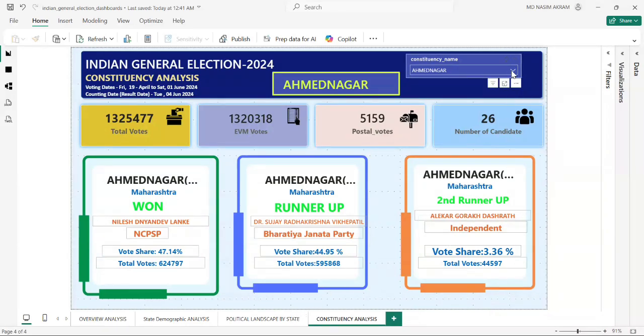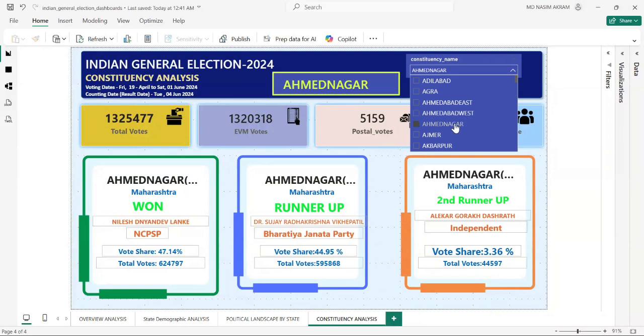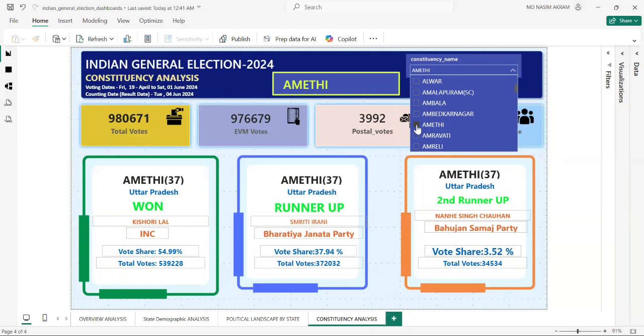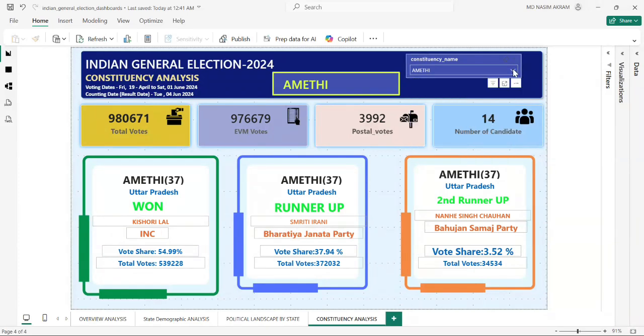So let's say I want to see some other constituency, randomly let's say Amethi. Like we all know who has won from Amethi, it's from the India Alliance, because Amethi is considered one of the hot seats for the Lok Sabha elections.